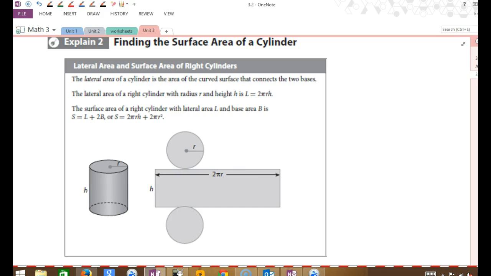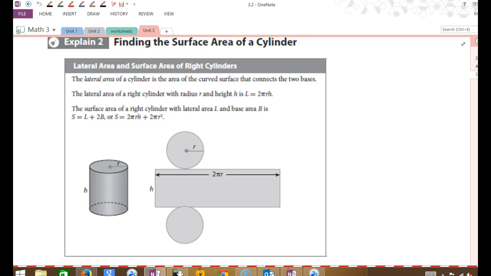Yes, absolutely. It depends on if they give you a radius or a diameter. Good point Keelan just made. If they give you a radius, on circumference you can just plug that in, 2 pi r.